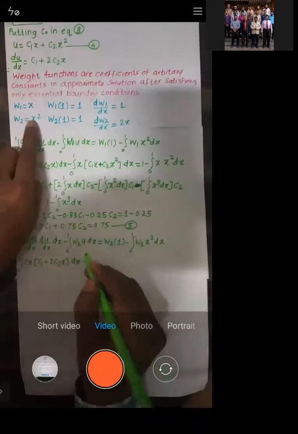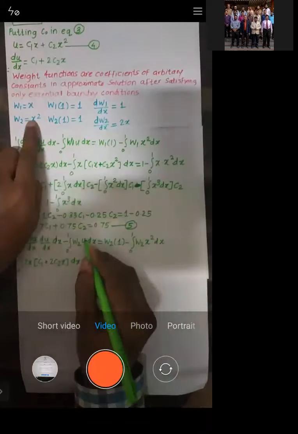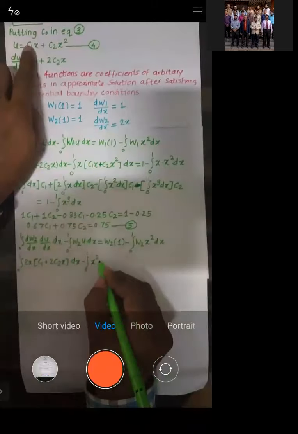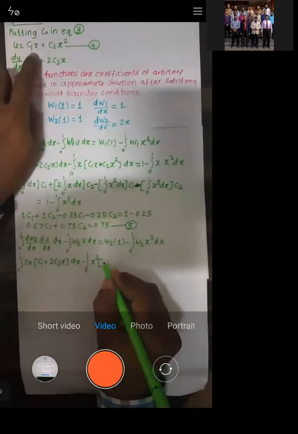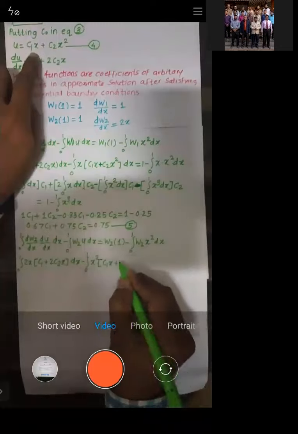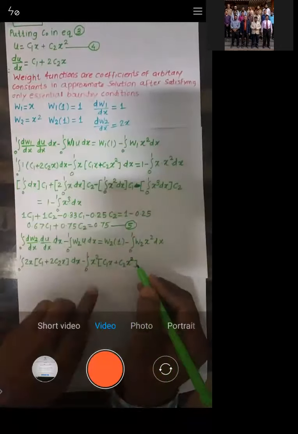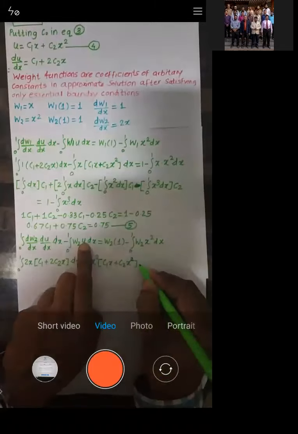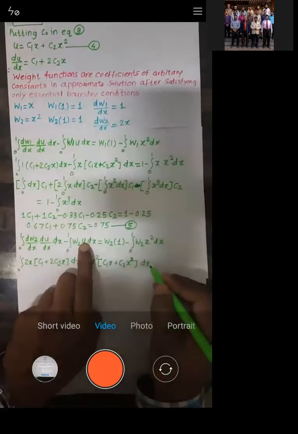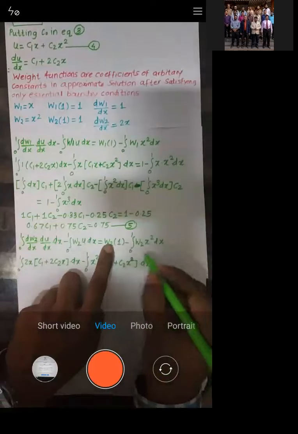What is w2? It's x square, into u. This u is c1x plus c2x square, into dx, is equal to w2 when x is 1.